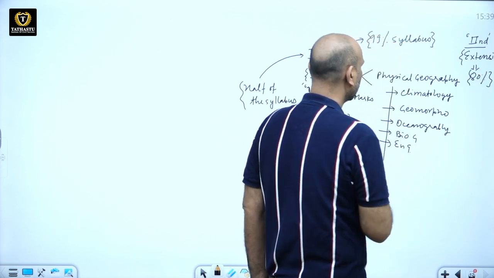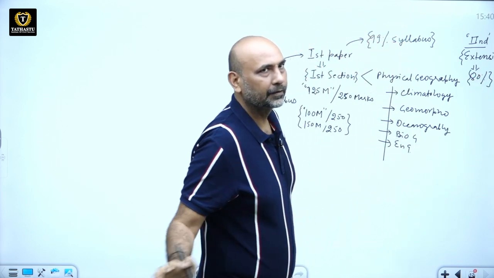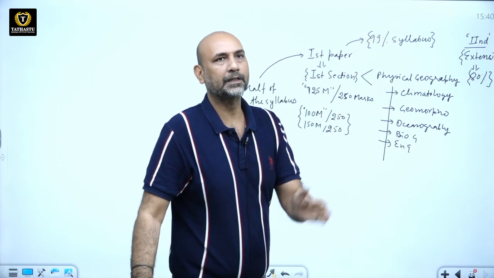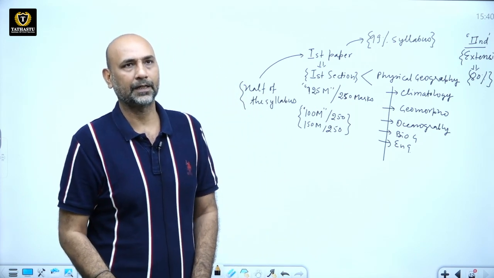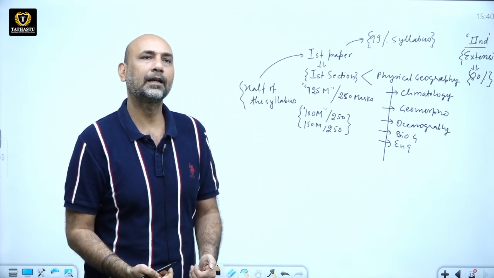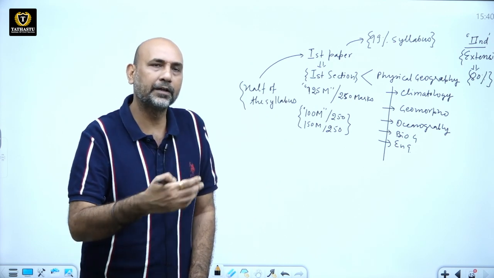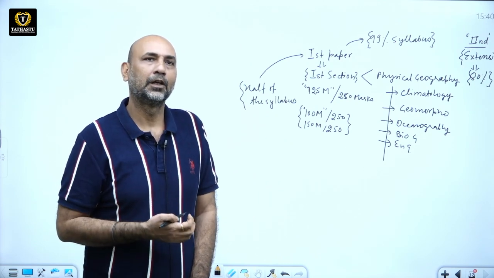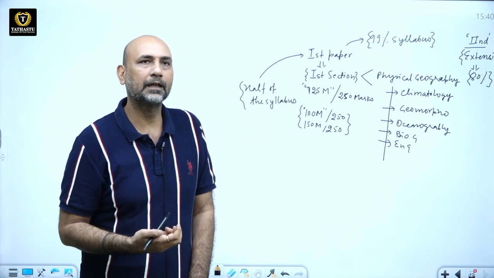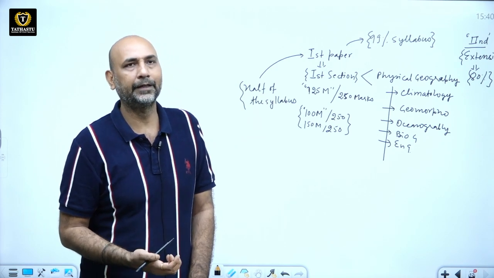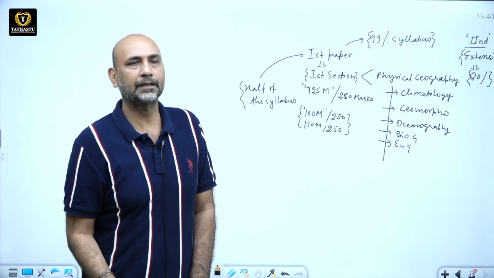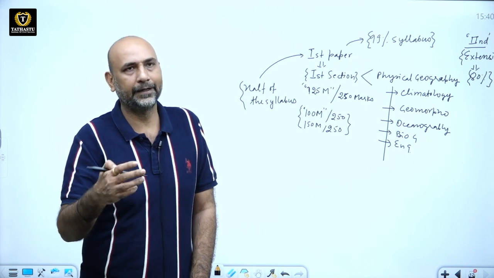This way, we are going to cover nearly 90% of the syllabus in the class. The rest of the things are reading. On Indian geography, keep on reading newspapers, current and contemporary news on India and related sections and subsections, and keep adding up.